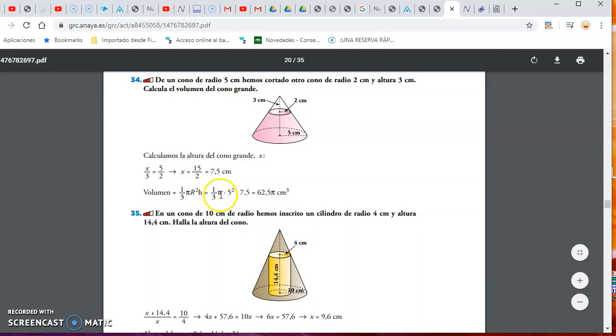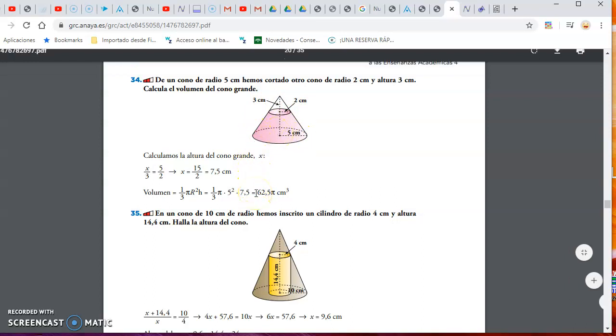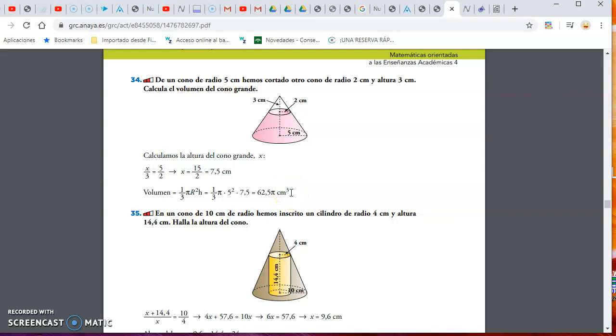So 1/3 pi 5 squared, because this is the radius, okay, multiplied by 7.5 because we need the total volume, okay, the biggest cone, and the result is 62.5 pi centimeters cubed.